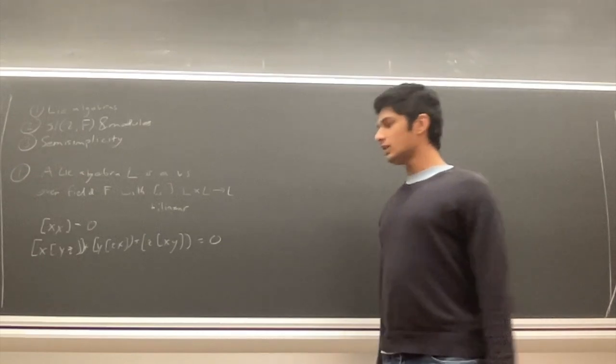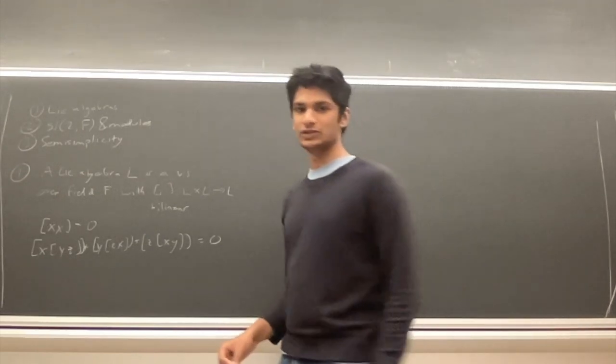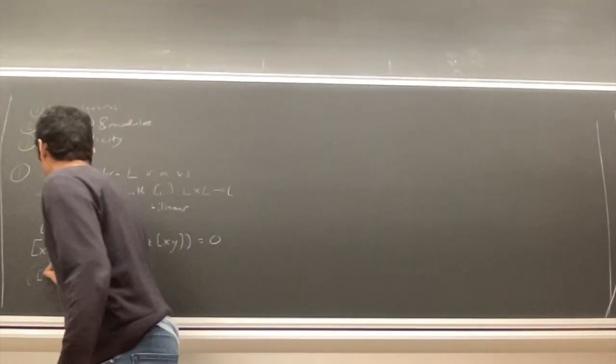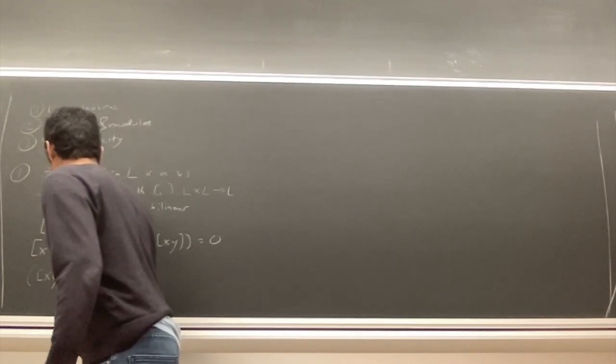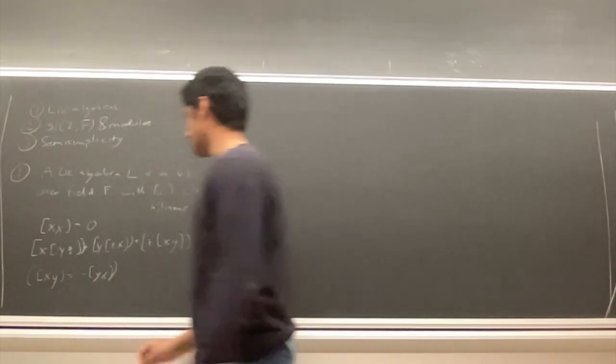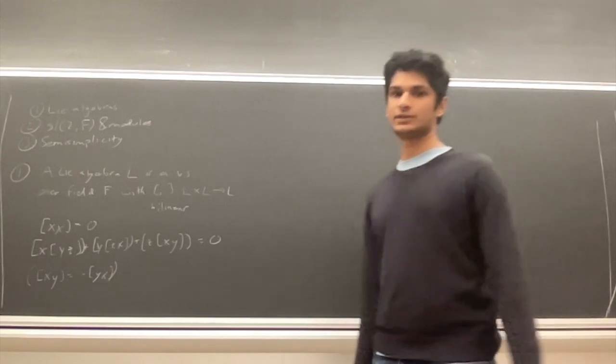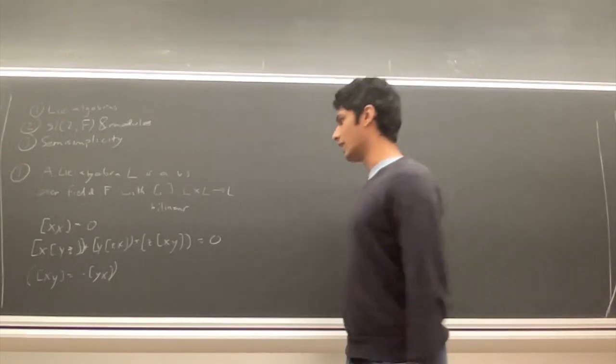And keep in mind that from the first axiom, we can actually derive that bracket xy is equal to negative bracket yx. Okay, so now we have that.